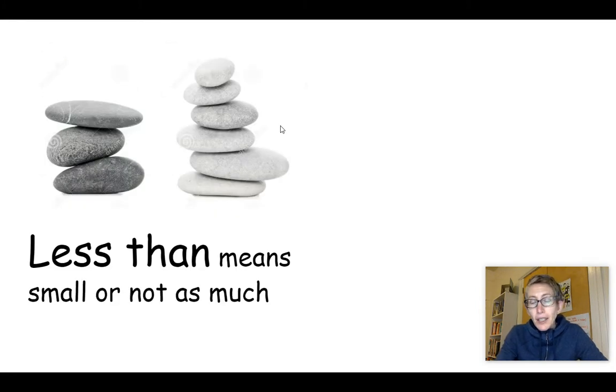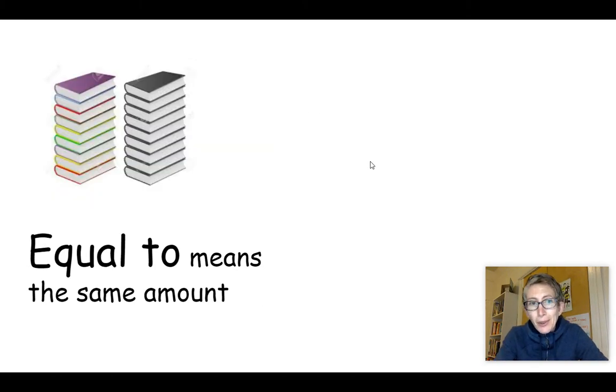The other thing we're going to talk about is less than. So less than means smaller or not as much. So let's look at the rocks on the left. The pile of rocks is less than the pile of rocks on the right. Got it? Equal to means the same amount. You know that one already.